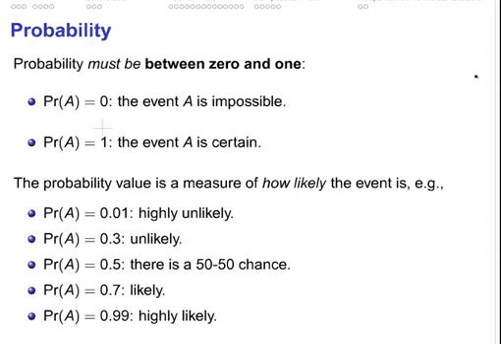So for example, a probability of 0.01 is a very unlikely event. 0.3 is unlikely, 0.5 is a 50-50 chance of it happening, like a heads or tails experiment. 0.7 is likely, and 0.99 is very likely.